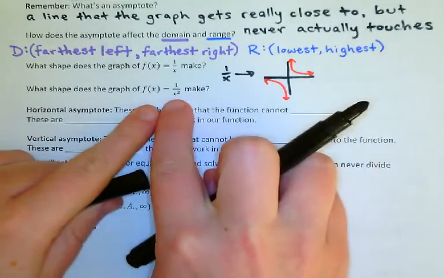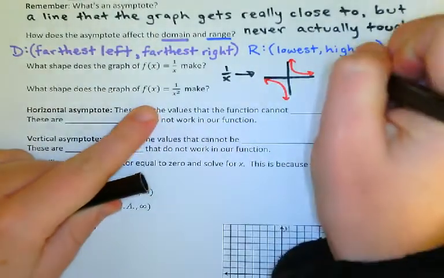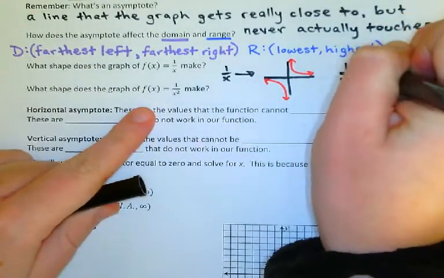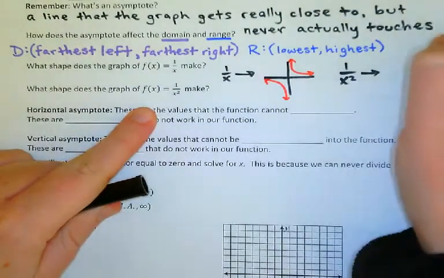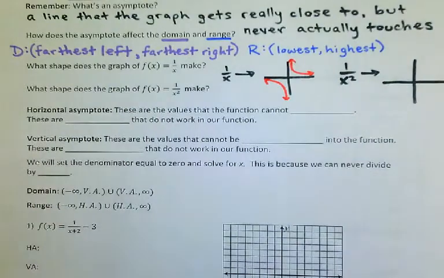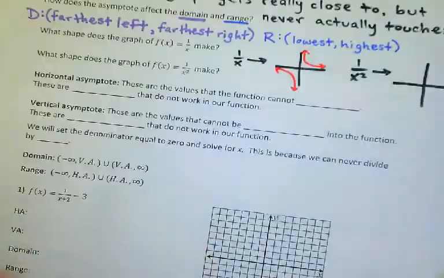The graph that 1 over x squared makes looks like this.